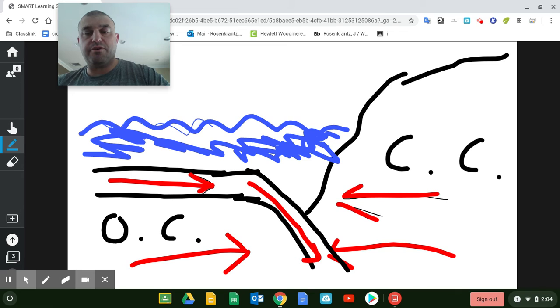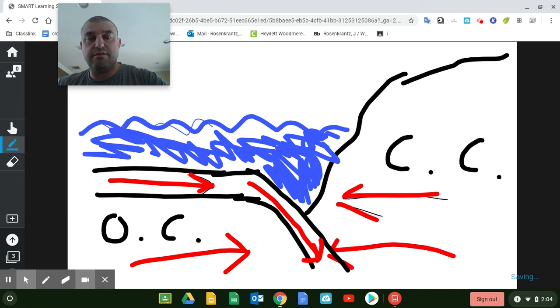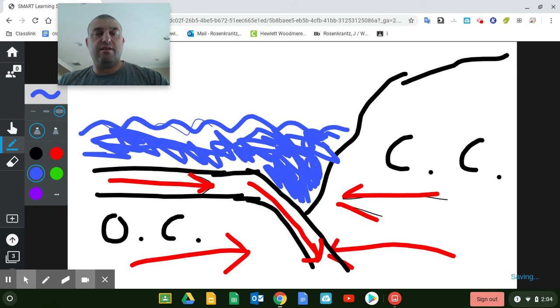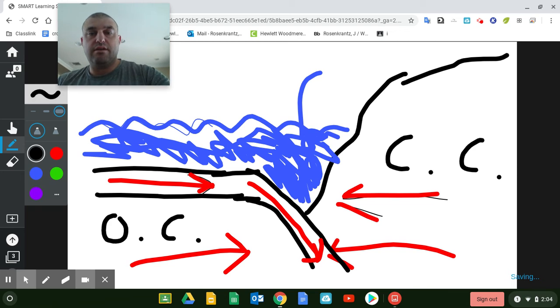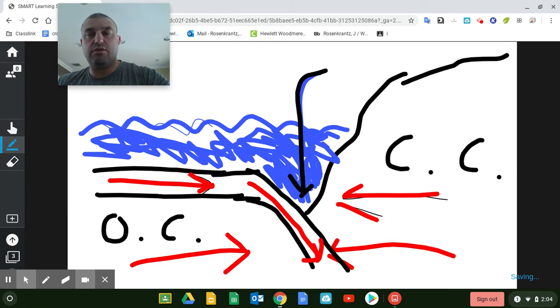This is what we refer to as subduction. And at the point of subduction, look how deep the ocean gets. And that is what we call the trench.